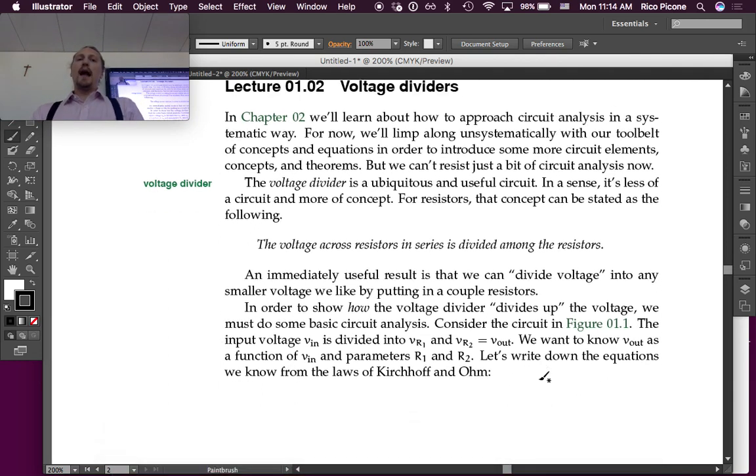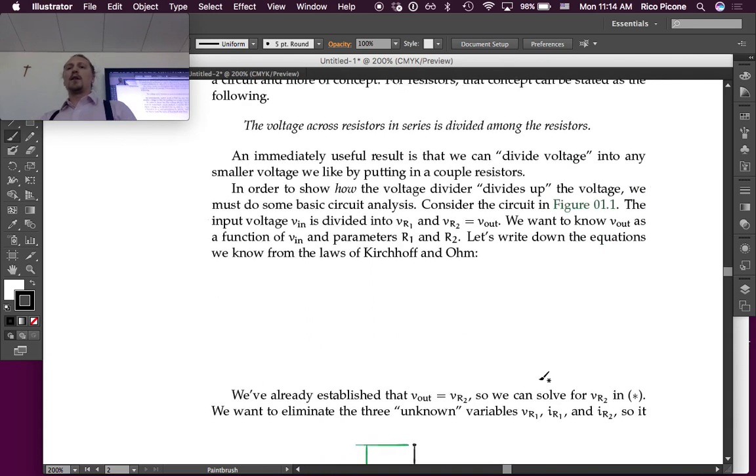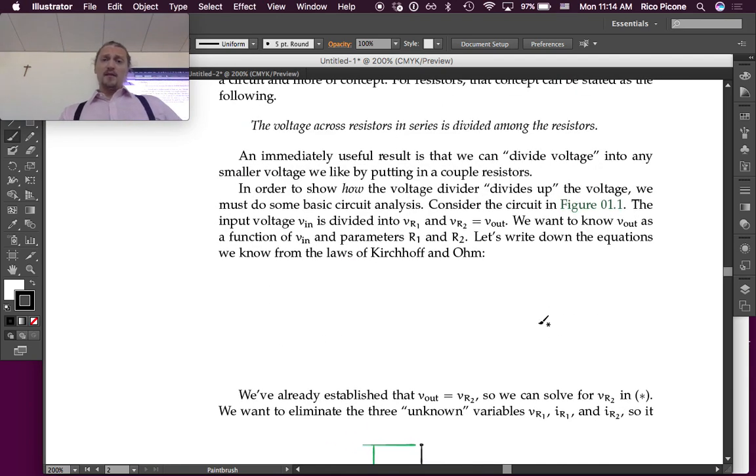In order to show how the voltage divider divides up the voltage, we must do some basic circuit analysis. Consider the circuit in figure 1.1, which is this guy here. Two resistors in series. We have the voltage from the top to the bottom being defined as the input voltage, and the voltage across resistor 2 being defined as the output voltage. So that's our really basic circuit.